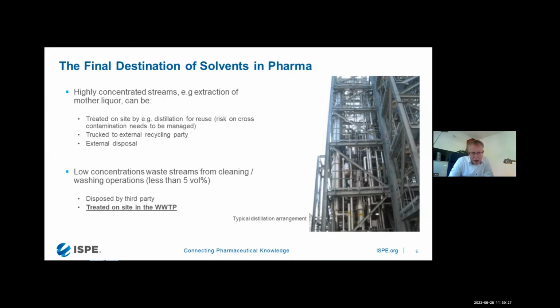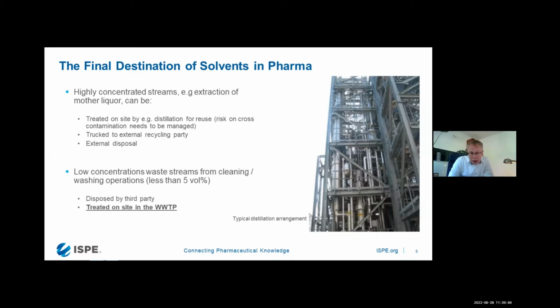In that case, the highly concentrated streams are trucked off site, and the recycling party makes sure that it is recycled and upgraded to such a quality that it can be reused in your facility or another facility.